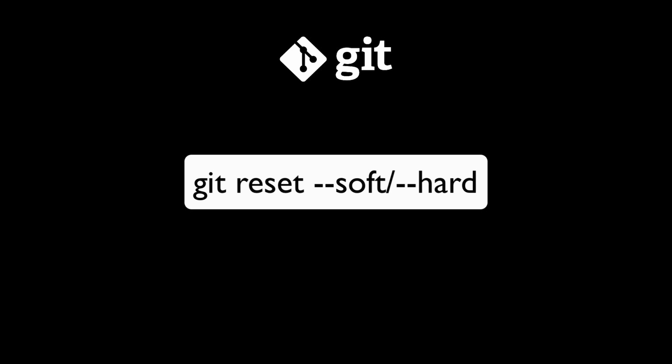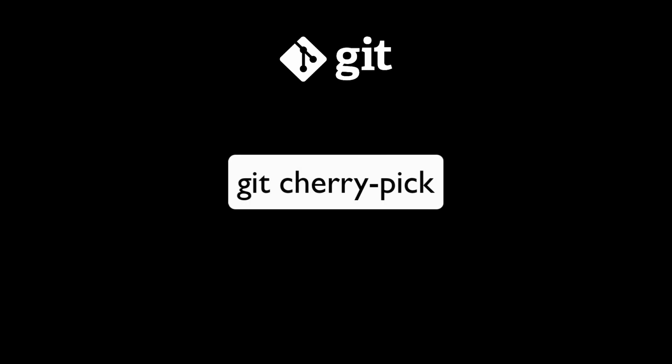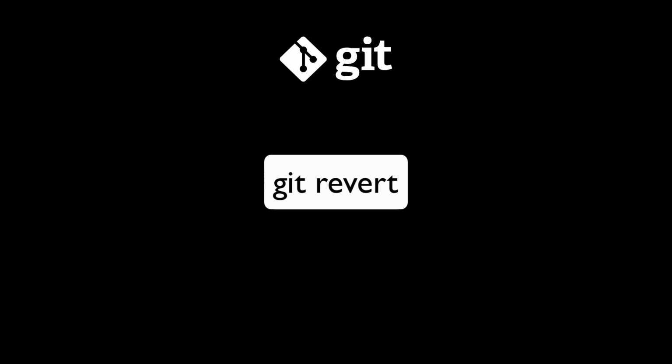So that's a destructive action that we should be careful with. We have also done cherry picking, and in the last example, we also saw how we can revert a change by creating a new commit with basically the opposite changes.